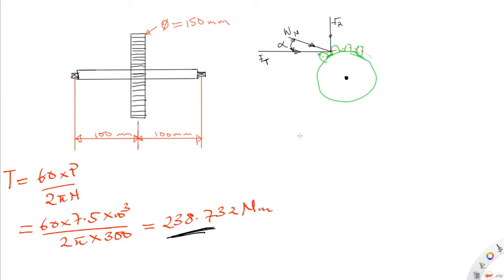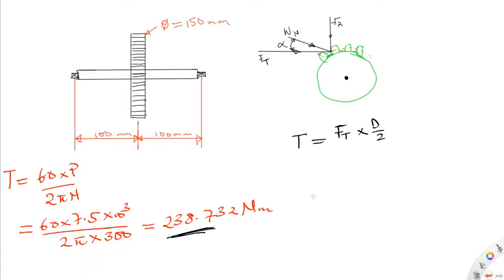We know that the torque T is equal to the force Ft times r, the radius, the radial distance, which is d on 2.